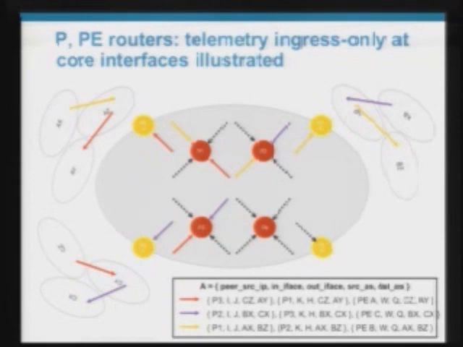But the beauty is that you see, for example, that the red flow is touching P3, P1, and then it's getting out at PA. And as I said, of course, you can also combine the two export models together, so you can get the best of both worlds.